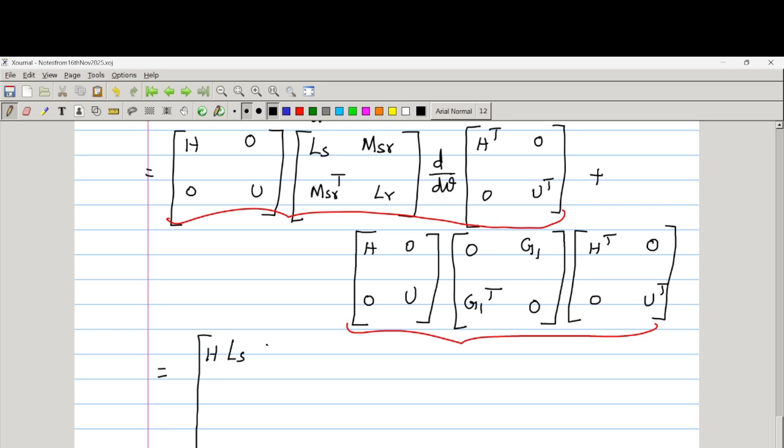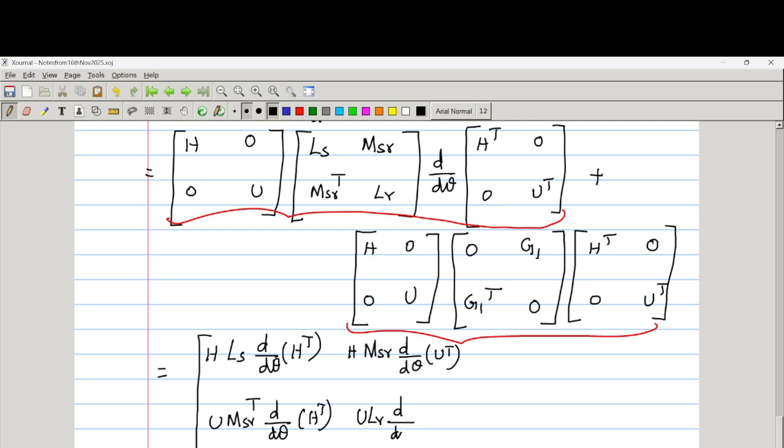H LS d by d theta of H transpose, then H MSR and d by d theta of U transpose, then we will have U MSR transpose d by d theta of H transpose, then U LR d by d theta of U transpose. So already we know the U matrix is the unit matrix, right? So U transpose is also the unit matrix.